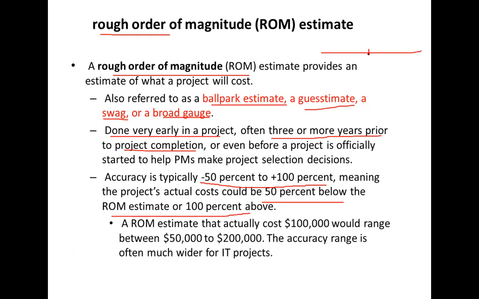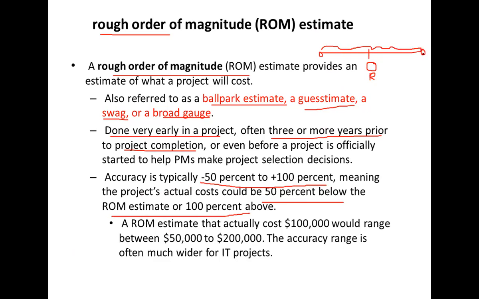So if this is the estimate you give in ROM, the real value could be here or here. 50% below, so this length should be half of this. It's not drawn properly.